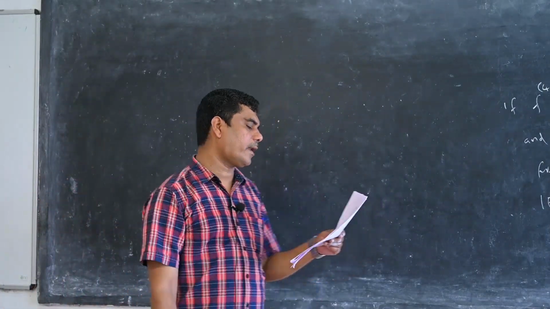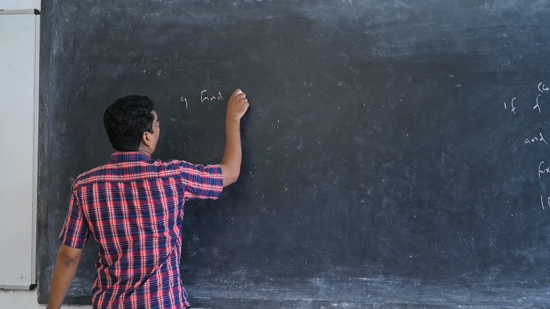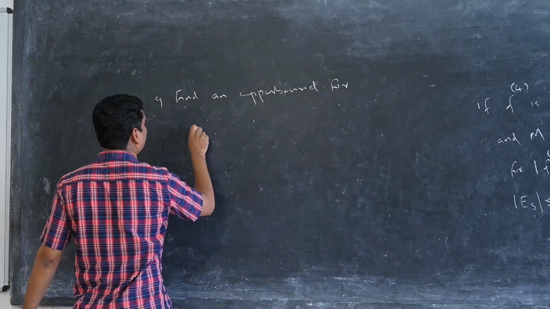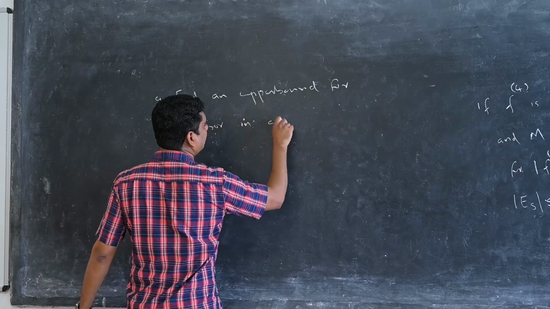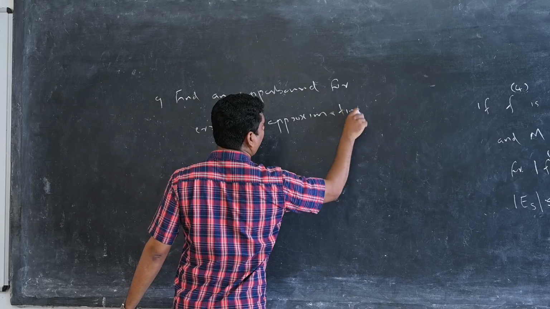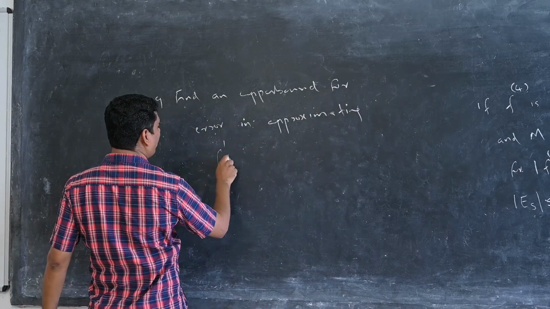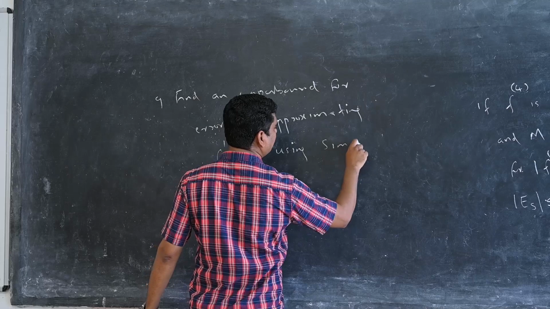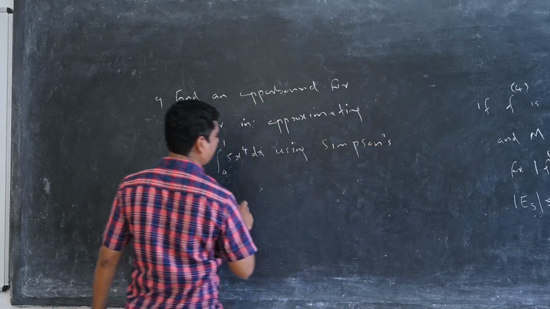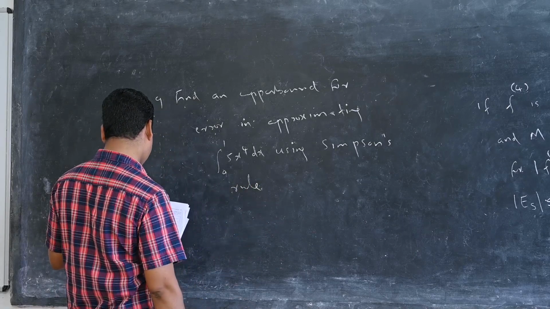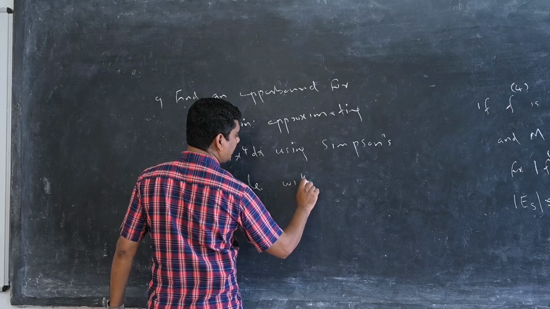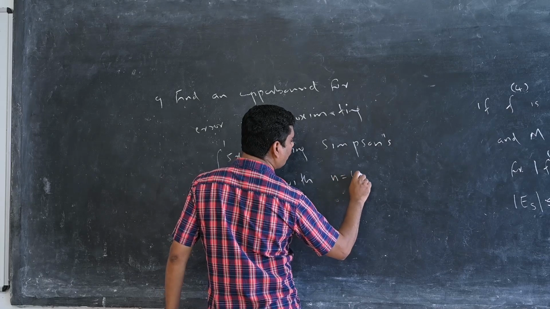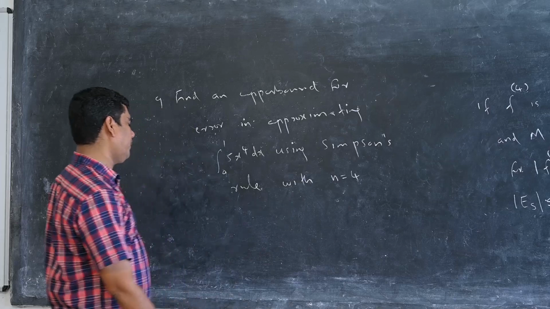Example: find an upper bound for the error in approximating the integral 0 to 1 of 5x raised to 4 dx using Simpson's rule with the number of steps n equal to 4.